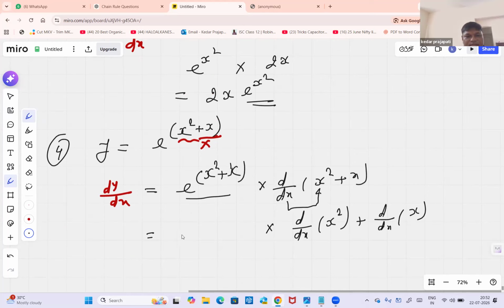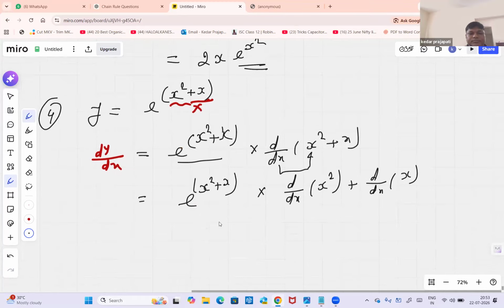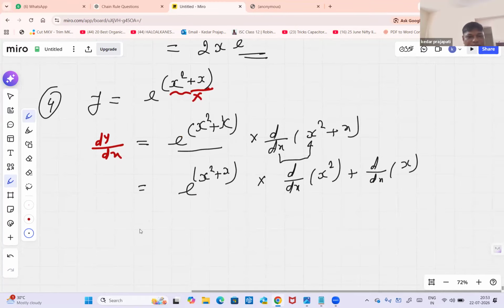And simply this will come e to power x square plus x, into this, the into is with e, not in power. d by dx of x square will be 2x, plus d by dx of x is 1.